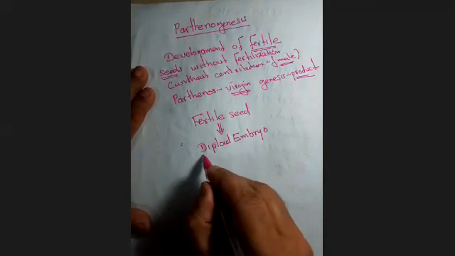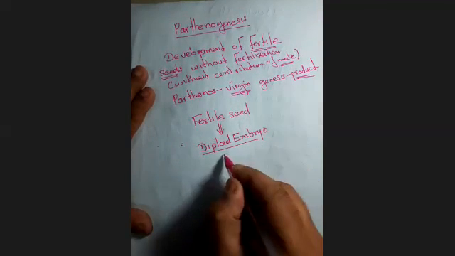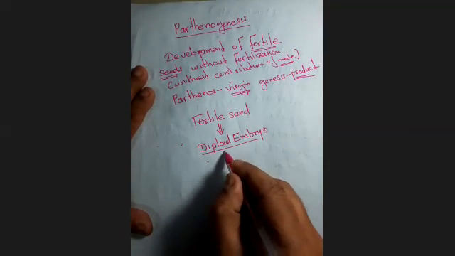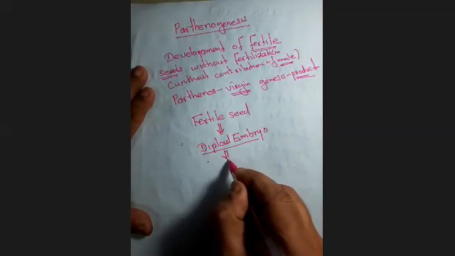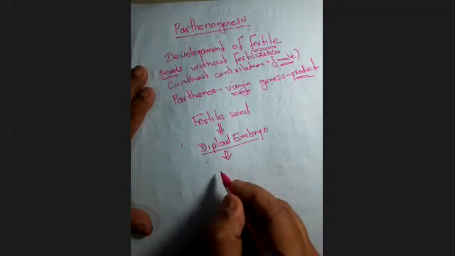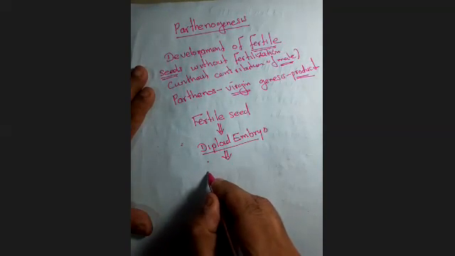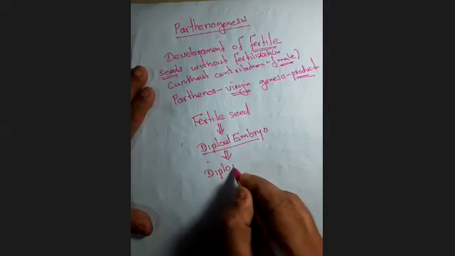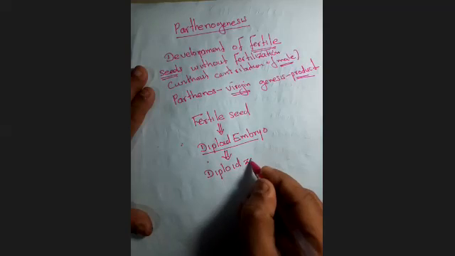A diploid embryo. But that means this diploid embryo should come from a diploid zygote, correct? Am I right?